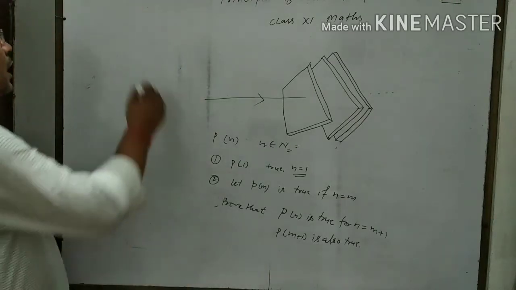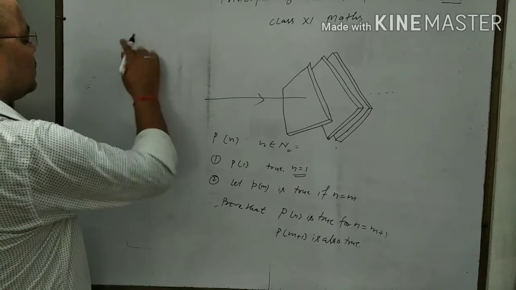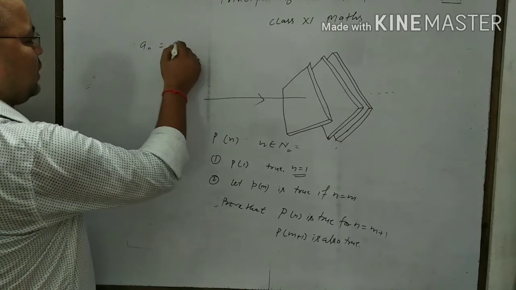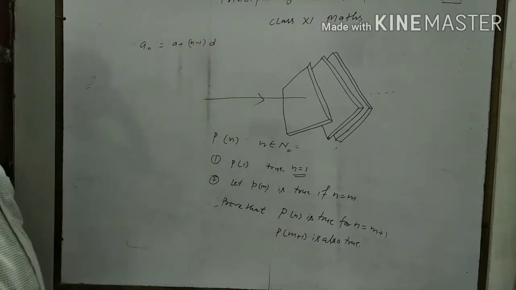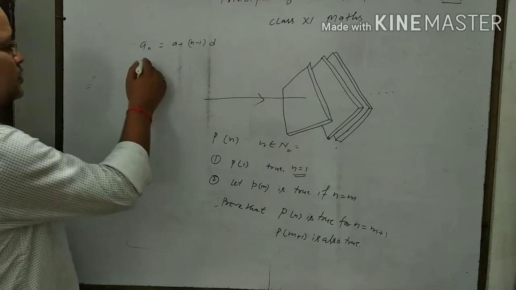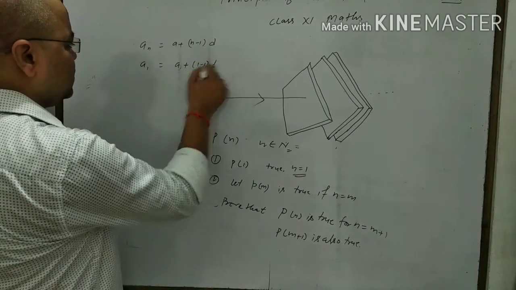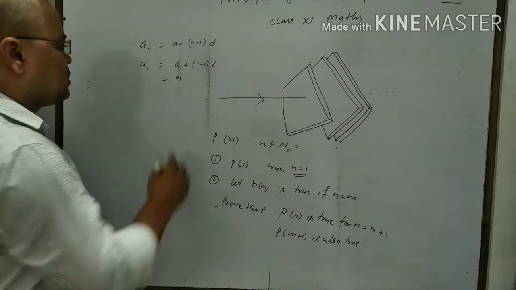Example. Here an is equal to a plus n minus 1 into d. Then it is true for 1 also: a plus 1 minus 1 into d means a. This is true for 1 also.